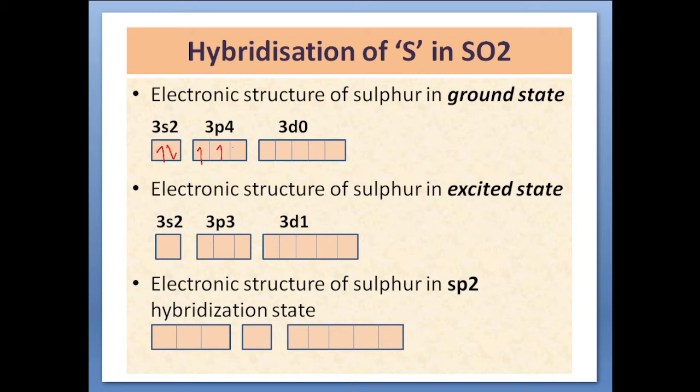So this is the ground state electronic configuration of sulfur. Here I will explain the hybridization of sulfur dioxide in detail, molecular geometry and bond angles.